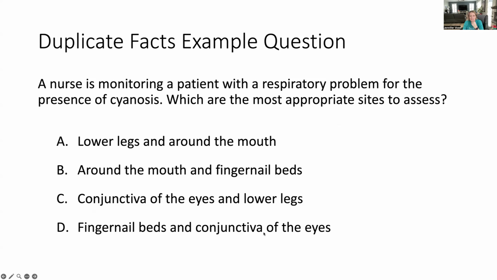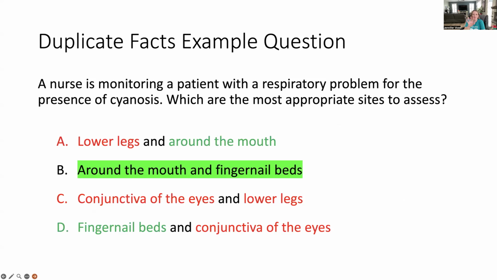And because that one is here, then that's going to be wrong, right? Because I'm pretty sure about that one. So even if I don't know for sure if I can see this in fingernail beds, I know for more sure that I can rule out these other ones because they are paired with an incorrect fact.